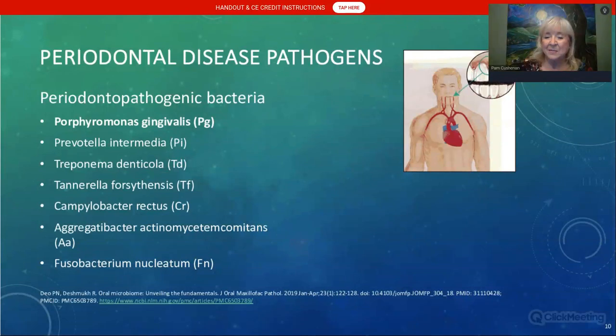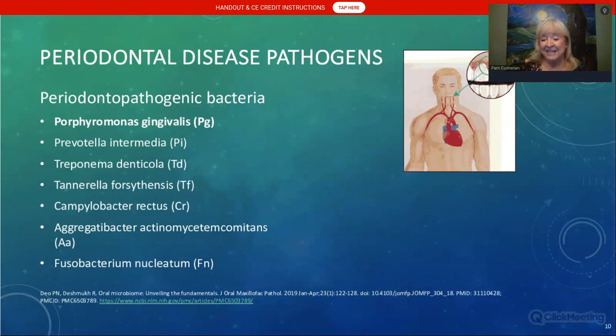Well, we have a number of bacteria listed here for you that are going to be seen over and over in research that are actually causing or increasing the risk of and creating negative health consequences, starting with the Porphyromonas gingivalis, PG, Prevotella intermedia, PI, Treponema denicola, TD, Tannerella forsythia, TF, Campylobacter rectus, CR, Aggregatibacter actinomycetemcomitans, AA, and Fusobacterium nucleatum.